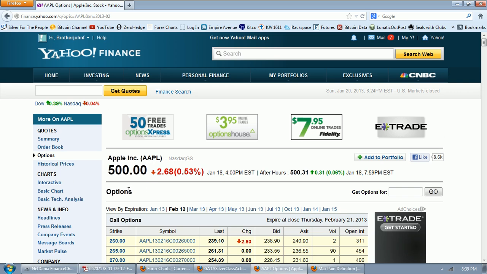At the price of $499.99, the puts actually expire in the money. At the price of $500.01, the calls expire in the money. So this price here, $500.00, is the only price where both the puts and the calls expire worthless.